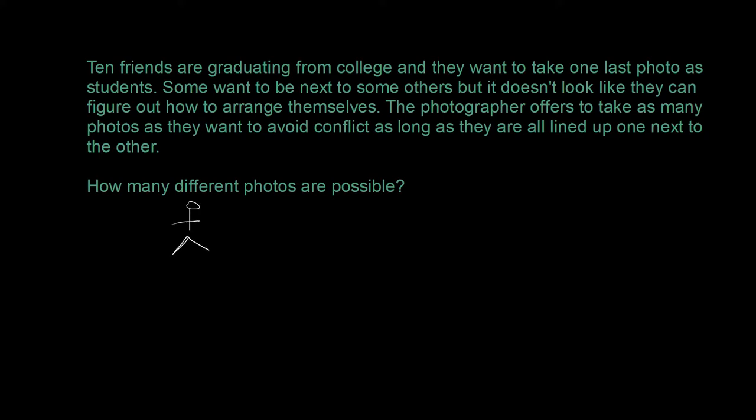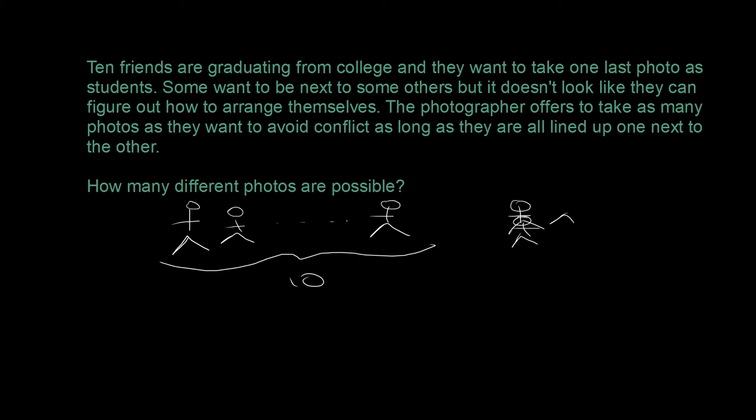Here we have the first person and here we have the second one, and like that, 10 friends. We don't allow photos where people are in front of each other. The photographer only wants pictures of them aligned like this. So the question is, how many different photos are possible arranged in this way?